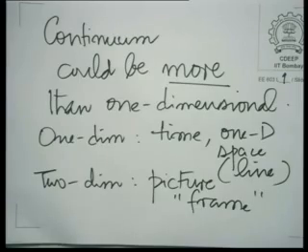In fact, it can be three-dimensional. So all of us exist in three-dimensional space. In fact, now it is better known that we have more than 3 dimensions, but that's a different issue. We definitely know we are at least 3-dimensional. So continua can be more than 1 dimension, 2 dimension, 3 dimension, in fact multi-dimension.